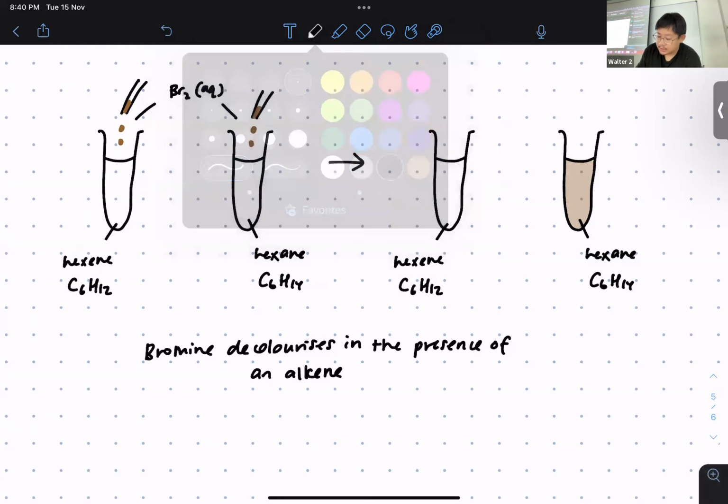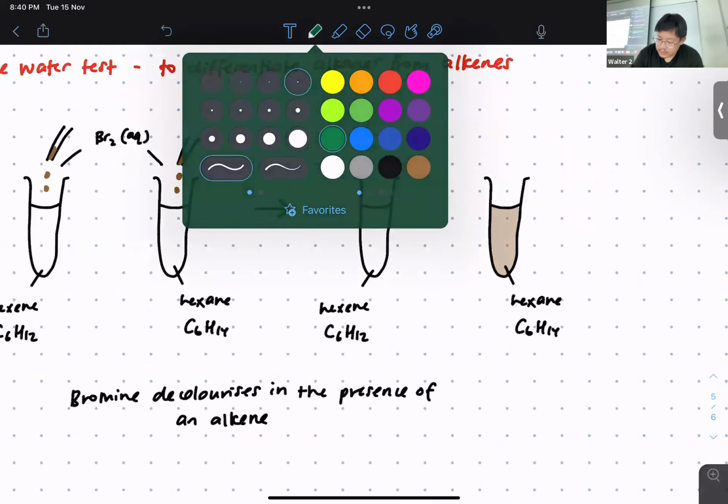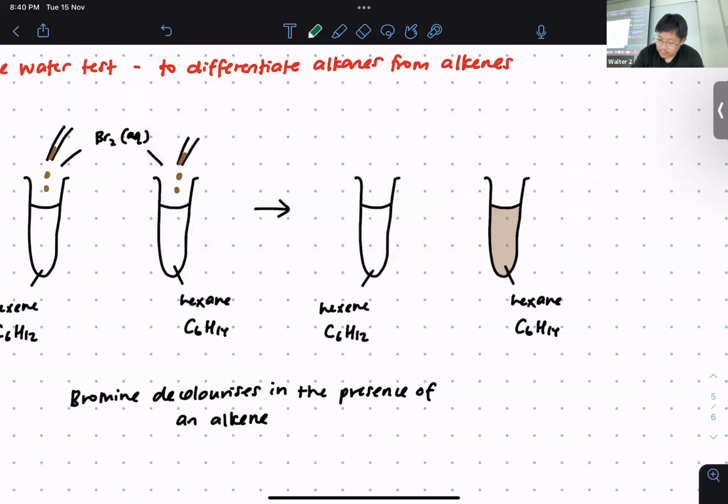So what happens here is in hexene, C6H12 plus Br2, you will get C6H12Br2, which is dibromohexane after the reaction, 1,2-dibromohexane or any position depending on where your double bond is.